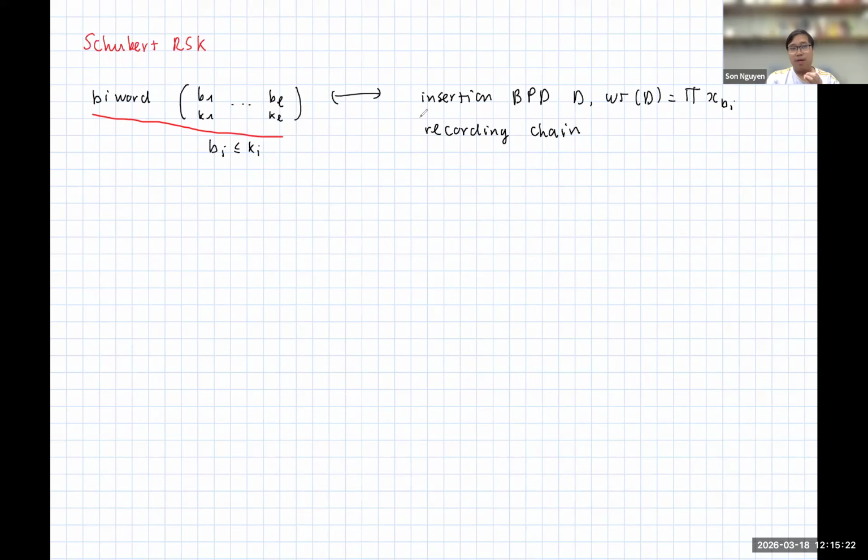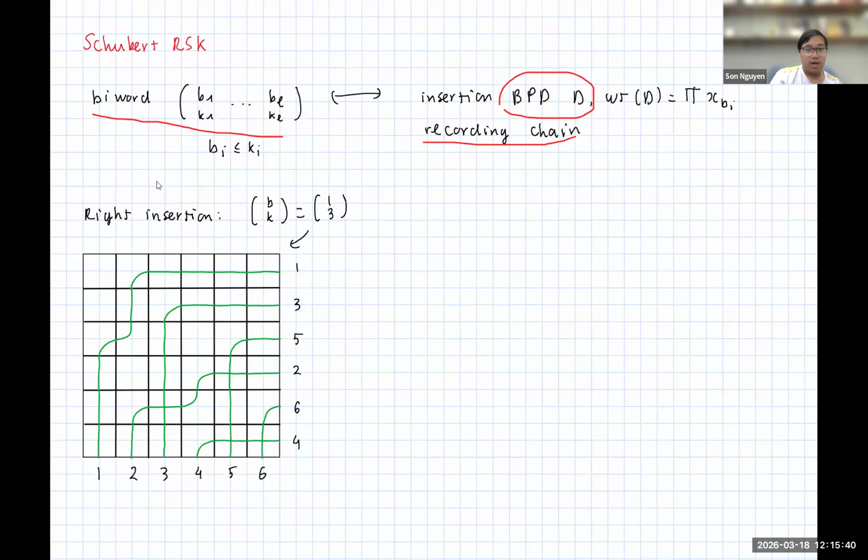The output of my RSK would be one insertion from this pipe dream, which would tell me which Schubert polynomial it contributes to, and a recording chain of the permutations I get along the way.